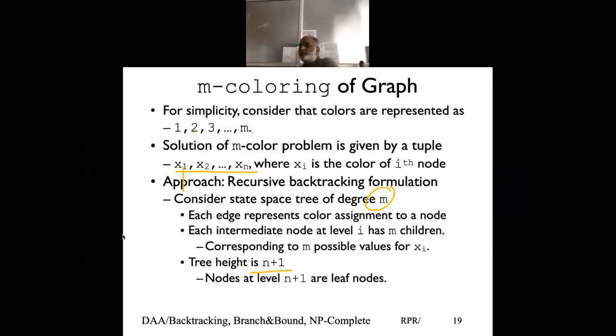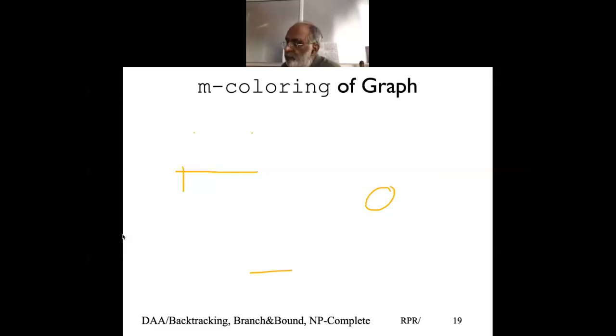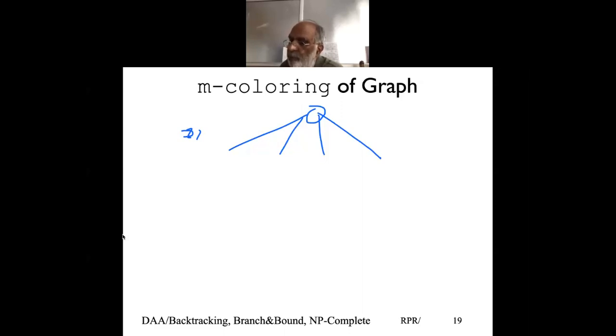Tree height is n plus 1. And how can we do that? By building a state space tree. How do you go with the state space tree? Let me repeat. This is my root node. Then for the first state, my x1, I have m colors: color 1, color 2, color 3, color 4, up to color m.